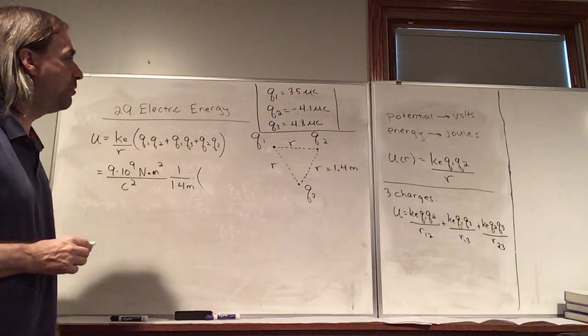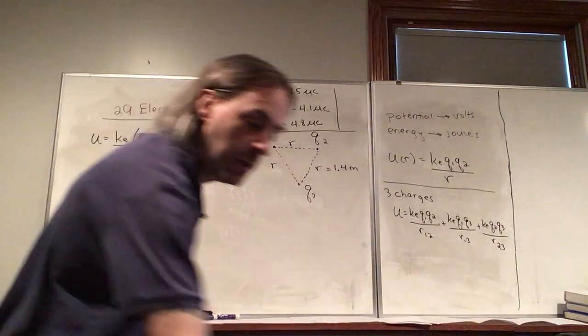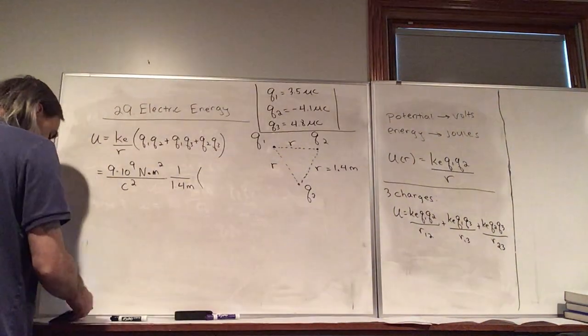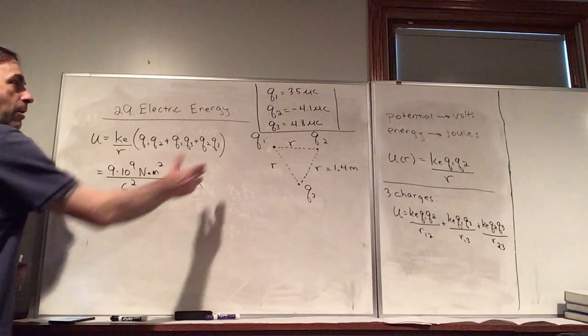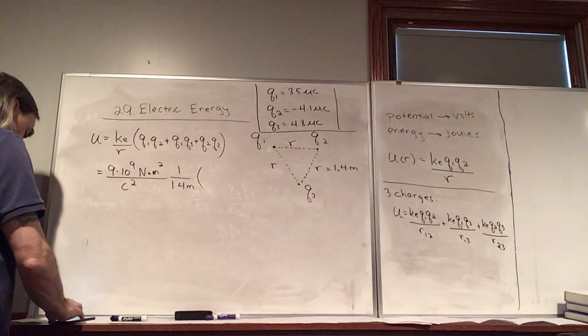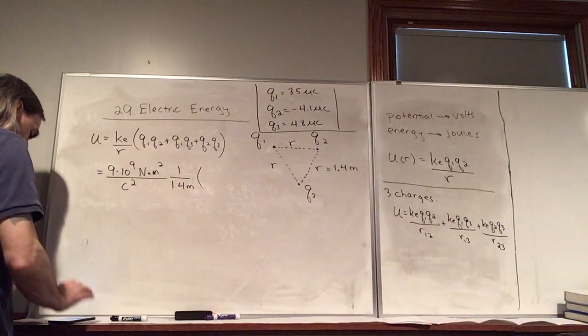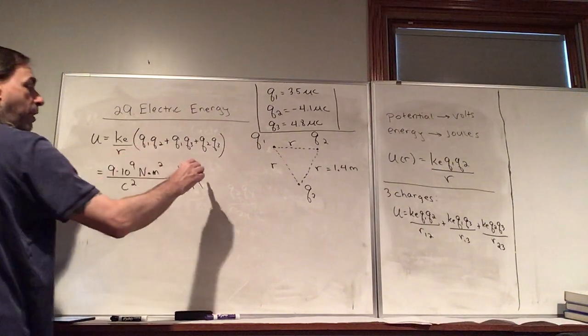Let me just write these numbers down to save space. So Q1 and Q2 is negative 14.35.